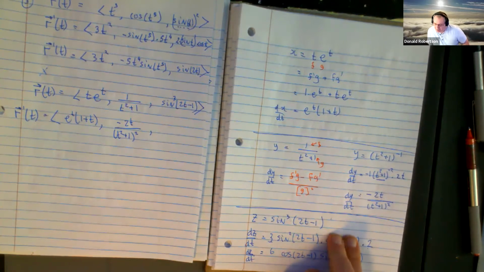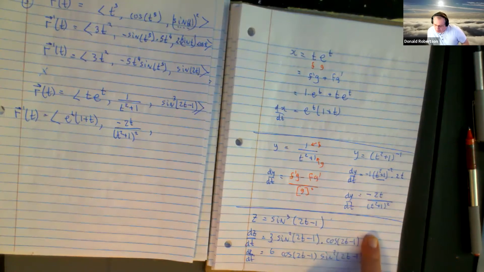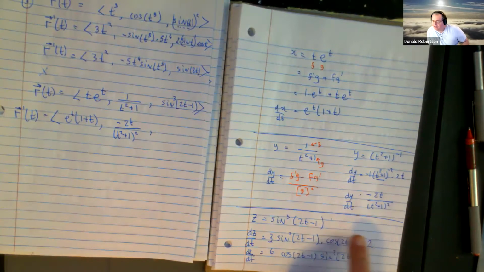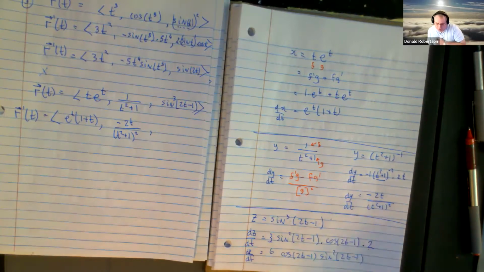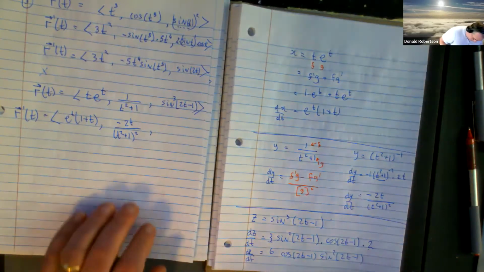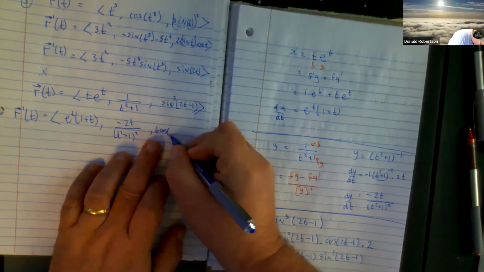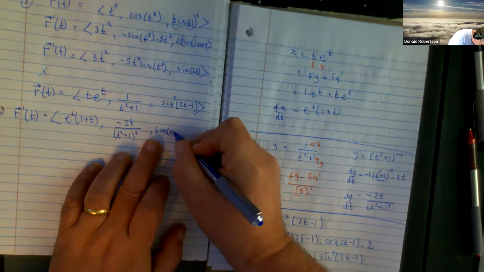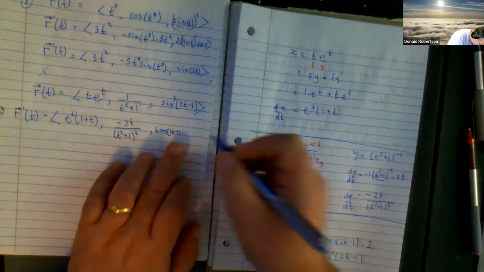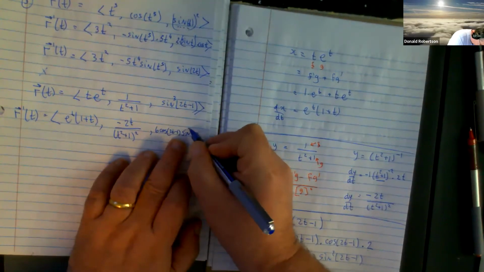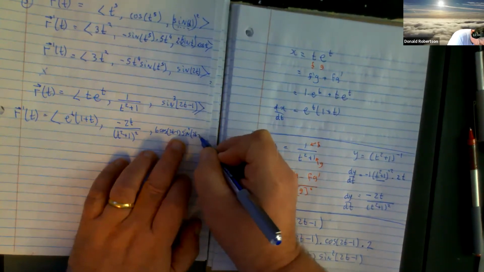They either forget about the cosine one and just finish with a times 2, or they remember the cosine one, but they forget that there's an extra times 2 after that, right? They sort of pseudo do it, but they miss a piece. So you put all of that together, you have 6, you have a cosine of 2t take away 1, and a sine squared of a 2t take away 1.